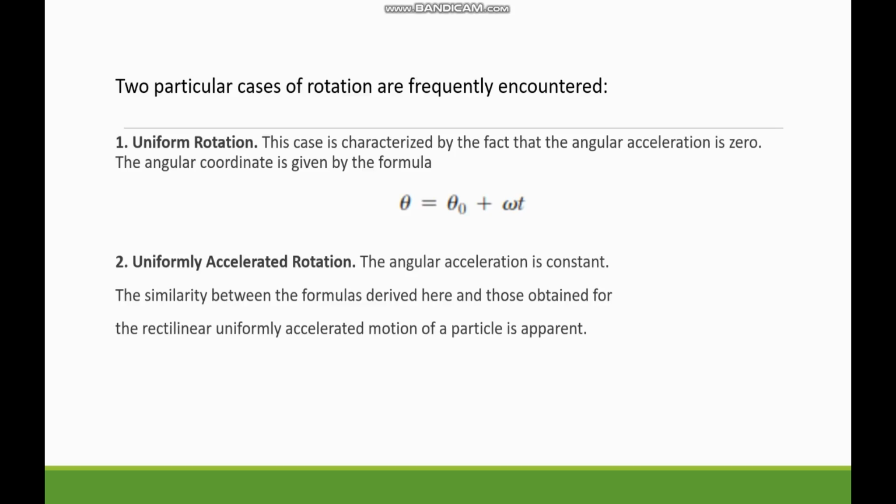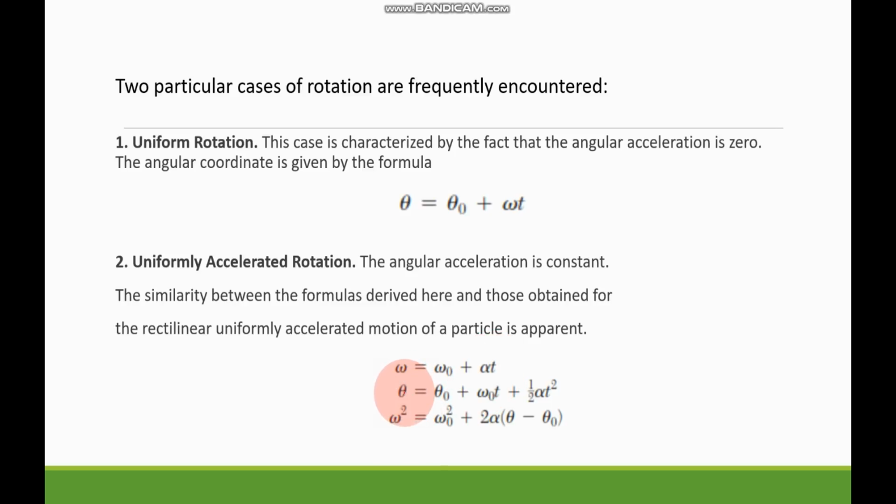The similarity between the formulas derived here and those obtained for the rectilinear uniformly accelerated motion of a particle is apparent, in which our angular velocity is equal to the initial angular velocity plus the angular acceleration multiplied by the time.